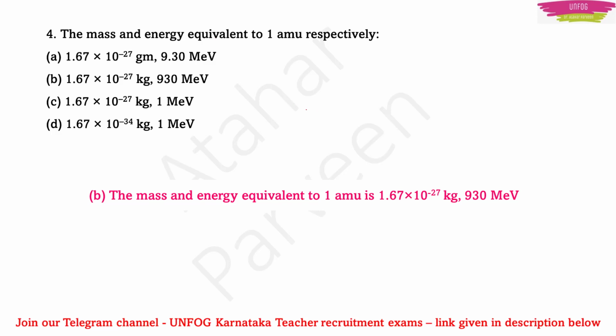Because we know these values, it became easy for us to answer this question. So I advise you to please remember these values: 1.67 into 10 raised to minus 27 kg and 930 MeV. So option B will be the correct answer.